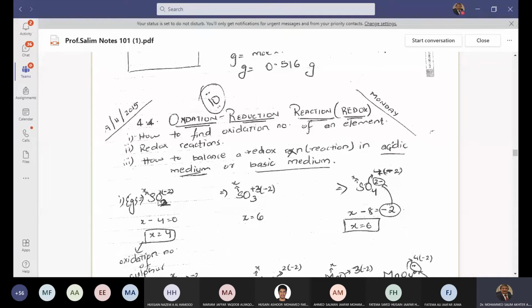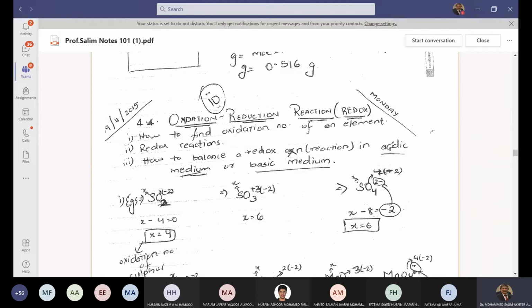I will give you another example. SO3: this is X, this is 3 times -2. So X plus 3 times -2 equals 0. X minus 6 equals 0. SO4 2 minus: this is X, this is 4 times -2.